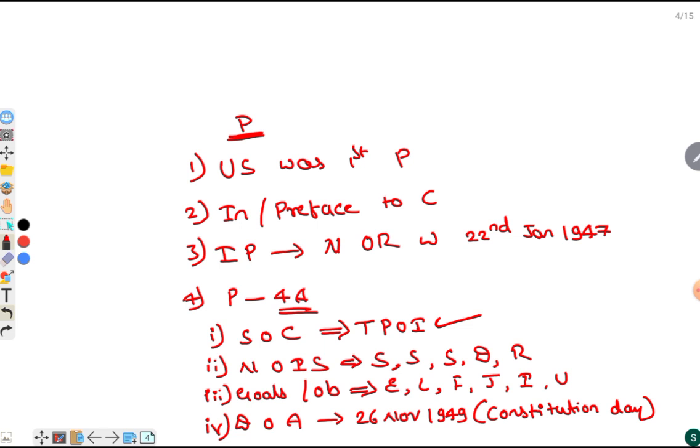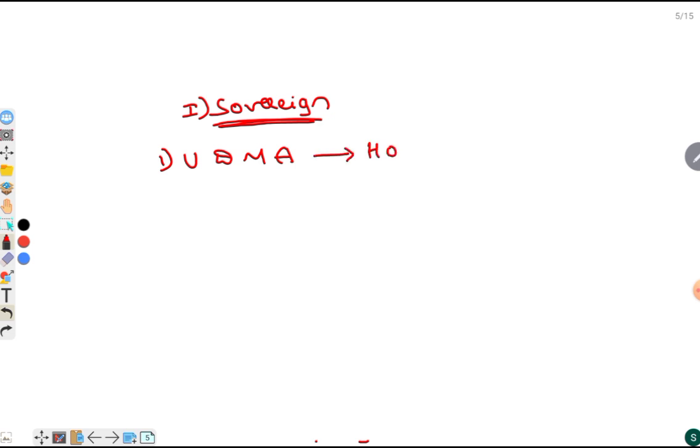Now let us see in detail about the sovereign, socialist, secular, democratic republic, and later the equality, liberty, fraternity, justice, integrity and unity. First, sovereign. Here sovereign means ultimate decision making authority, and in India the ultimate decision making authority is the head of the state and the head of the government.